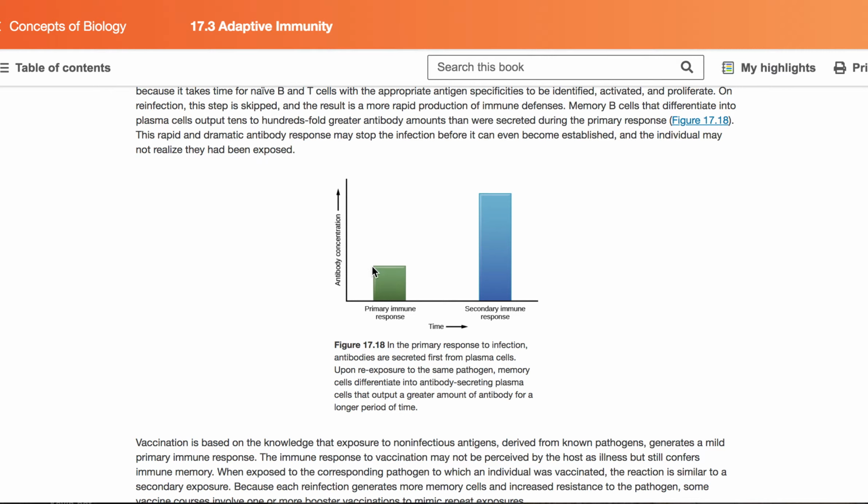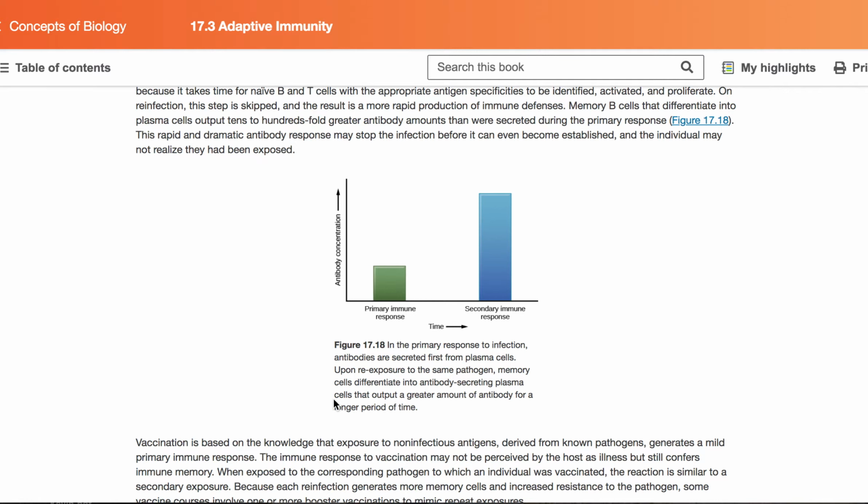So this is a little chart in your book, and it's not my favorite, but it's okay. It makes it seem like it's longer, but this is like it going faster. Basically, if you are infected the first time with a certain illness, it can take a very long time for your body to recover, have that whole immune response, and develop memory against it for the future.